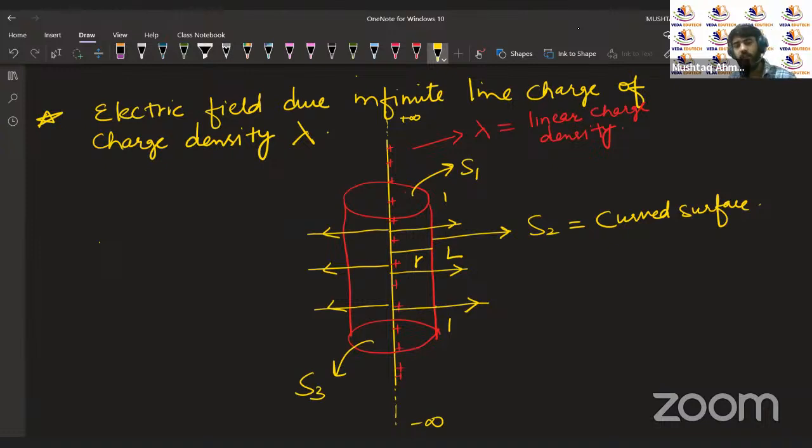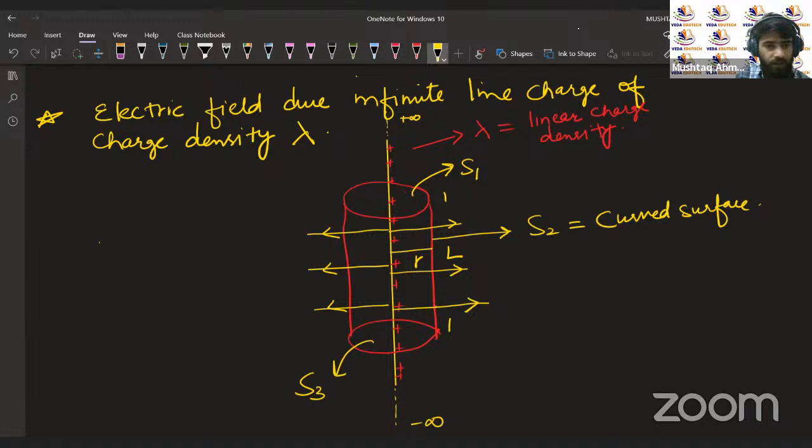You can clearly see that here there is no electric field line passing through S1 and S3, right? Or we can say that the electric field is perpendicular to the S1 vector and the S3 vector. So there will be no electric flux through the S1 surface and S3 surface, right?